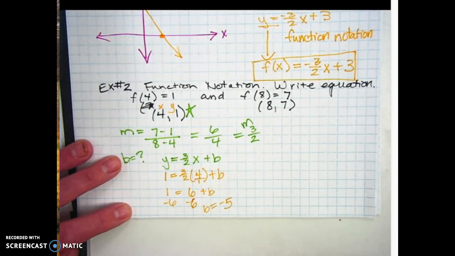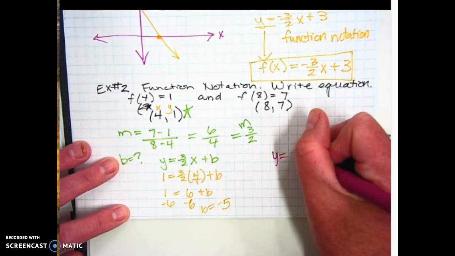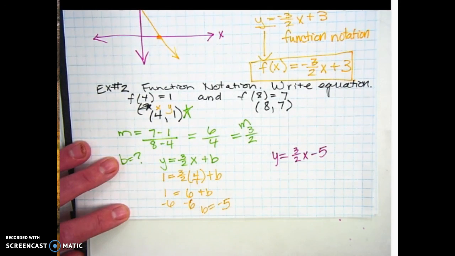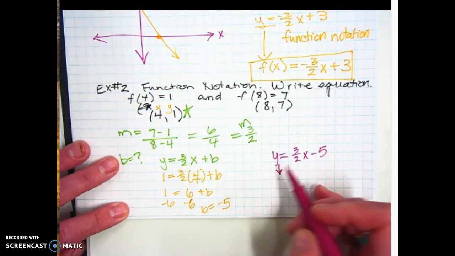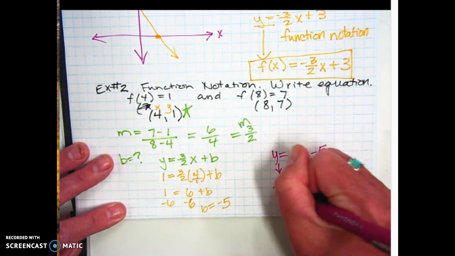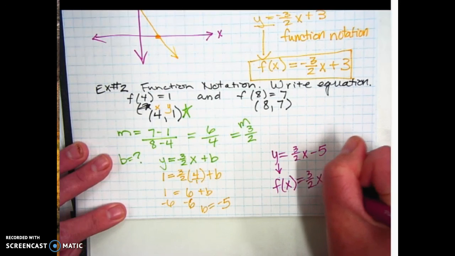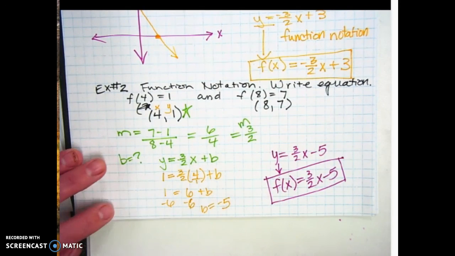So we're going to put that into slope-intercept form, which is y equals 3 halves x minus 5. And then we just want that fancy notation. So we change it from y equals to f of x equals 3 halves x minus 5. Okay.